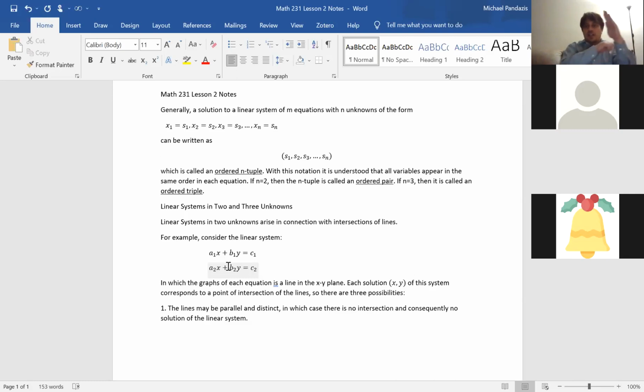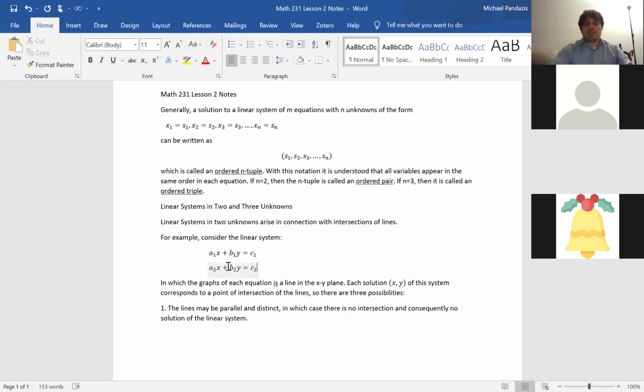Points not on a line correspond with assignments of values to the unknowns that do not satisfy the equation, that do not make the equation true, okay? And so if the solutions of each linear equation is represented by a line, well, if you have two lines in the xy plane, what are the possible relationships of two lines in the xy plane?